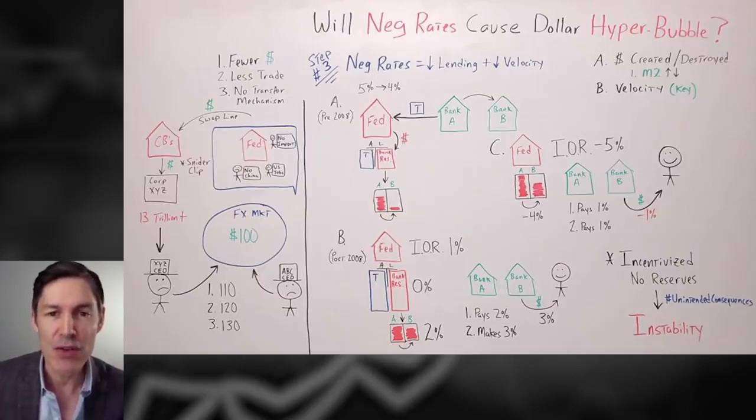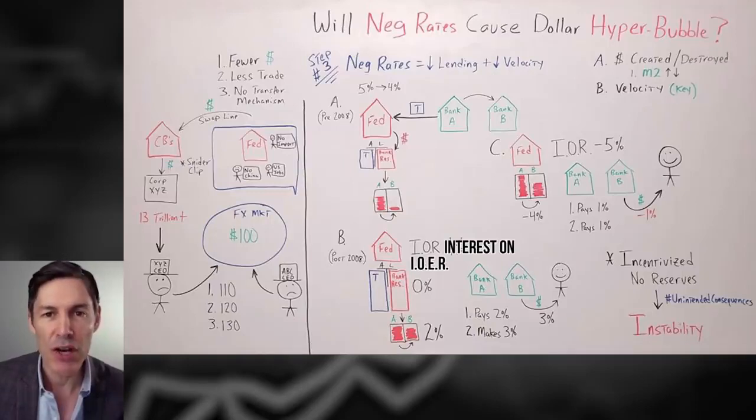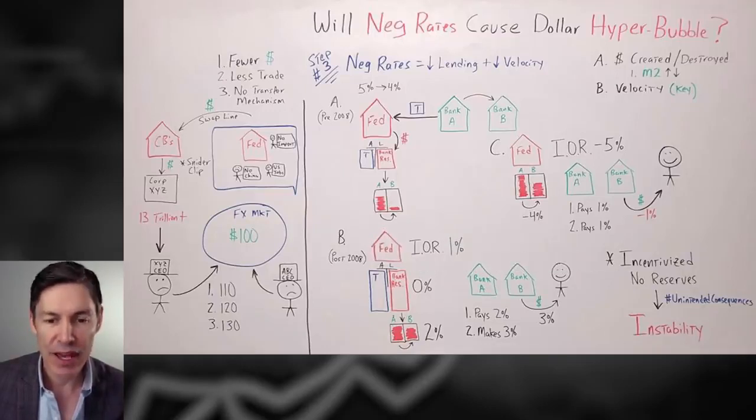So the Fed introduced something called IOR and IOER. This is interest on reserves or interest on excess reserves. So if the Fed, let's say, wanted the Fed funds interest rate at 1%, they would pay banks 1% on their reserves.